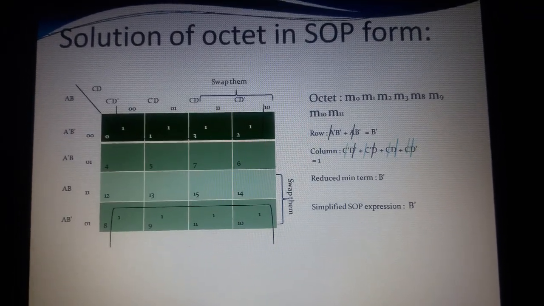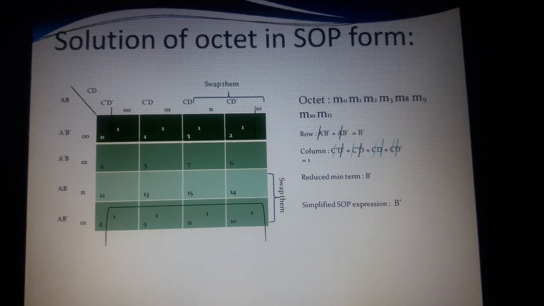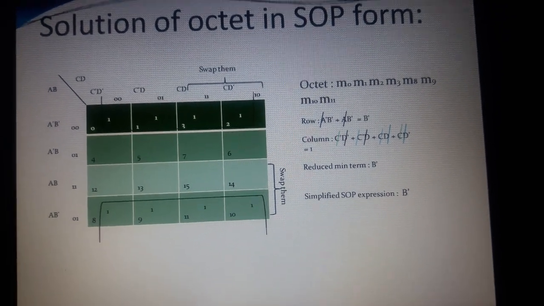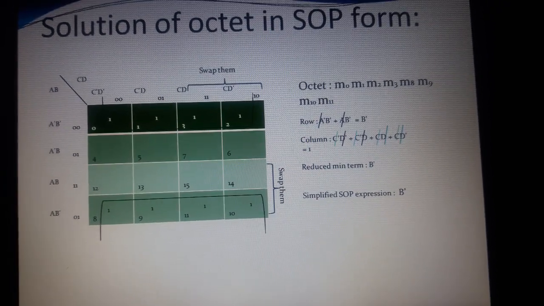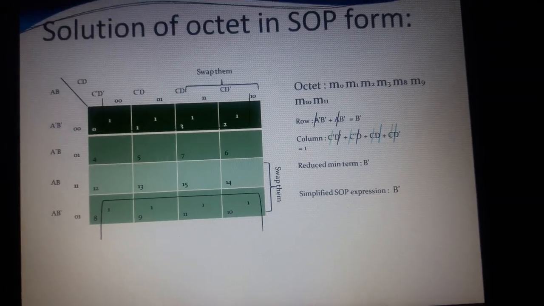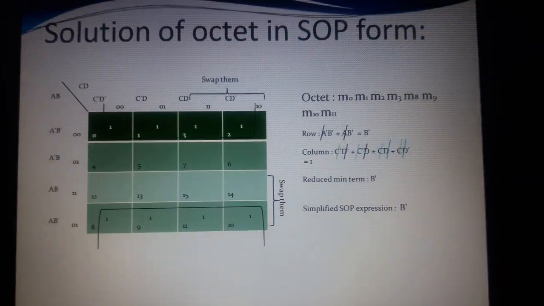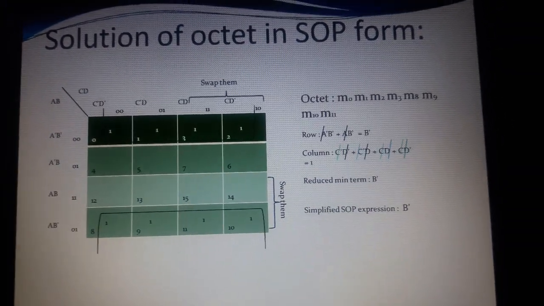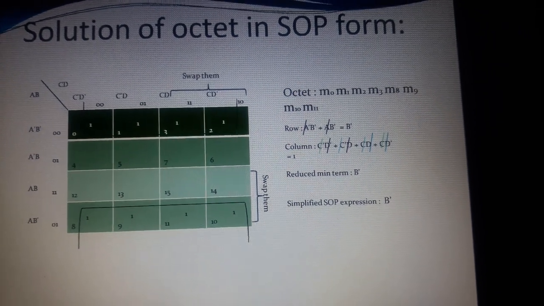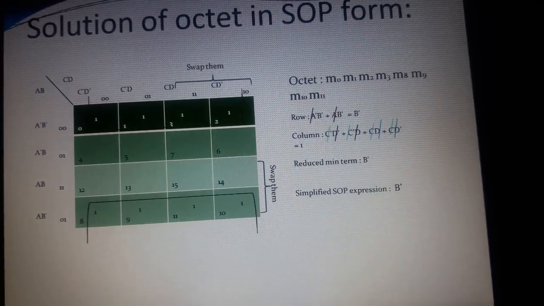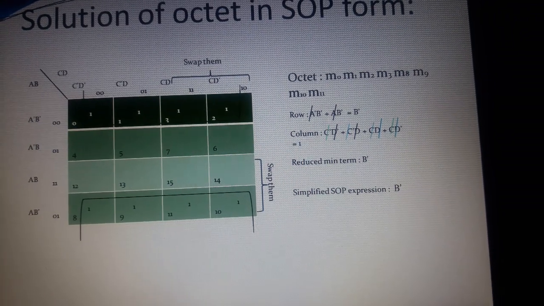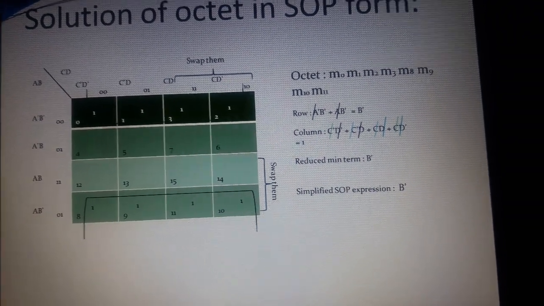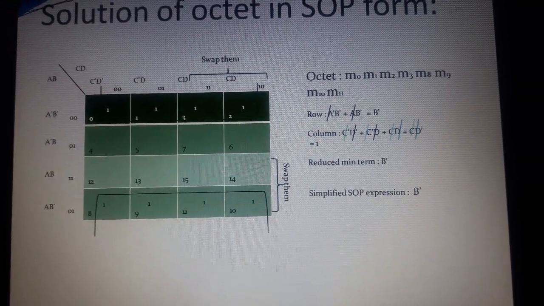if we are having an octet, then what do we have to do? An octet is a combination of 8 ones. 8 ones means in row what are we having? See, in my example, what are we having? A dash B dash, A B dash. And in the column, the same thing happens all together.